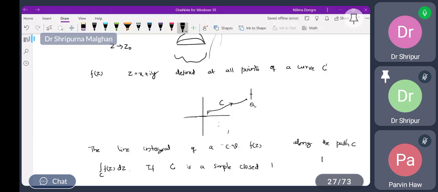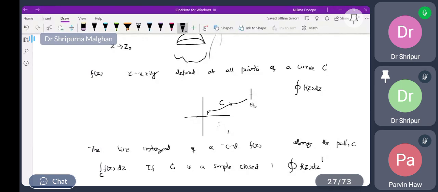then the notation for the integration is written like this, f of z dz with a small circle on the integral sign. So what is a simple closed curve, that we shall discuss and then proceed further.